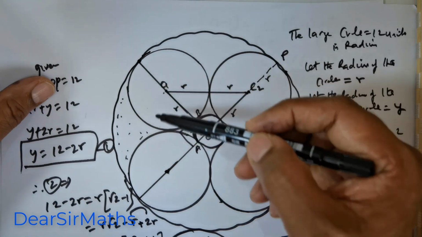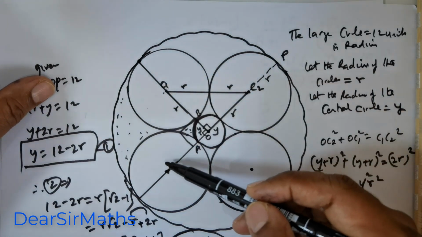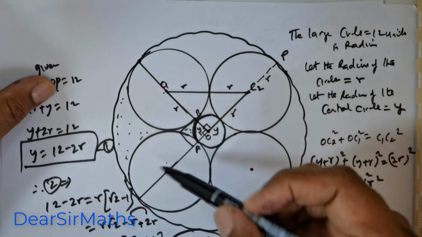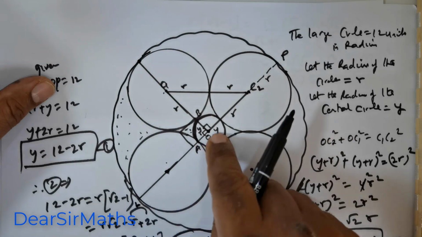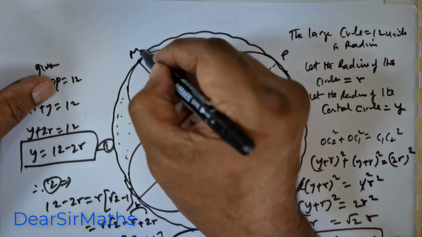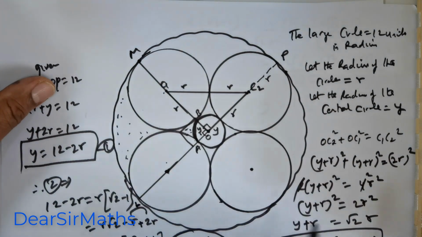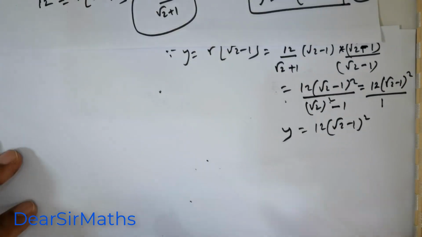I need to remove this area and I need to remove this area, right, from the bigger sector. If I were to take the bigger sector as OLM, okay, large sector OLM. So let me write the formula.